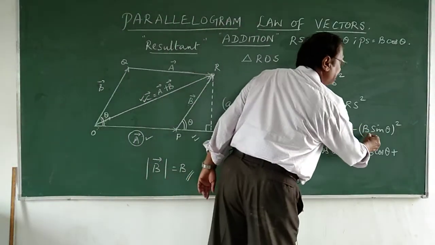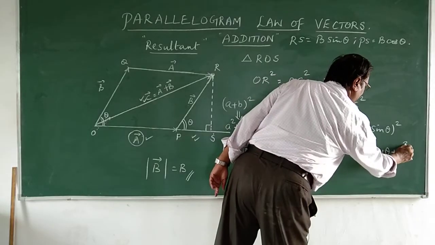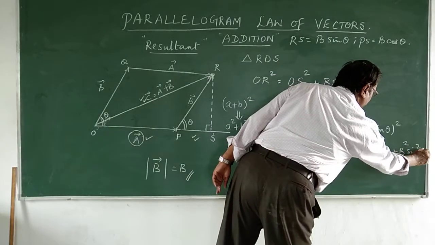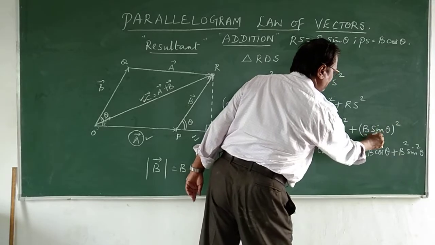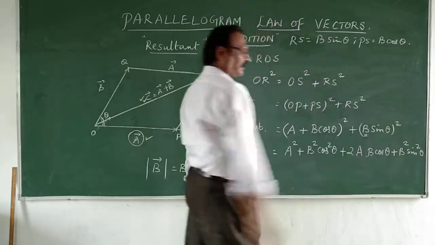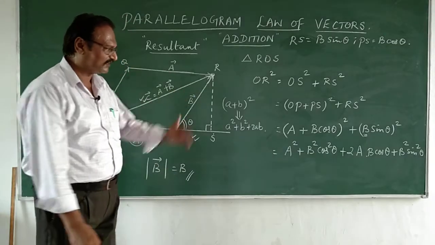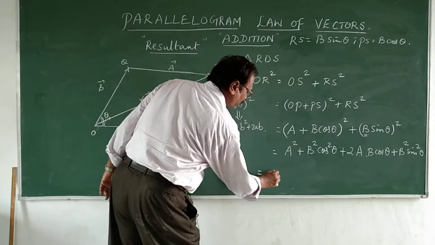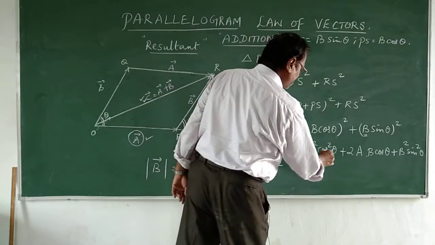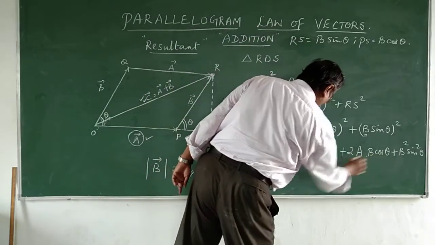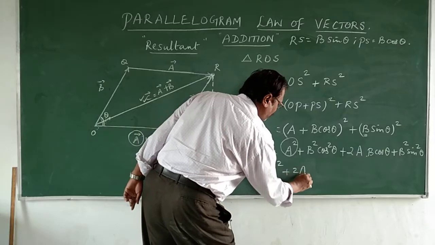Now what is this? This is b square sine square theta. Remember, the square holds good for b as well as sine, so b square sine square theta. That is equal to a square, let me take this first term, and 2ab cos theta plus.